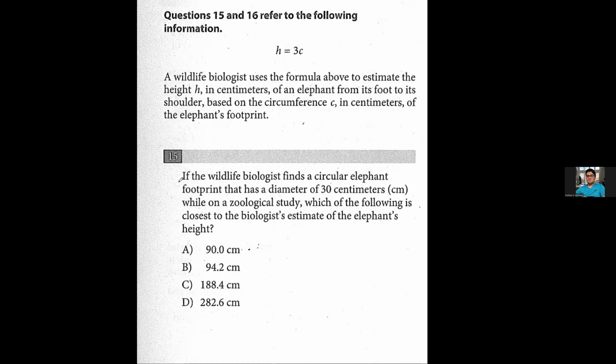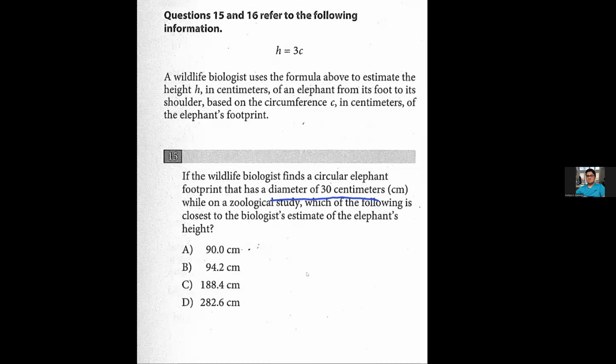Okay, so for question 15, we're given h equals 3c. So height equals 3 times the circumference. We're told there's a diameter of 30 centimeters.